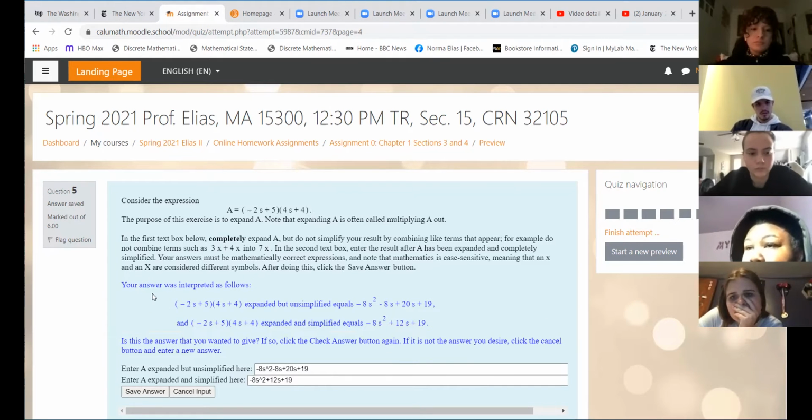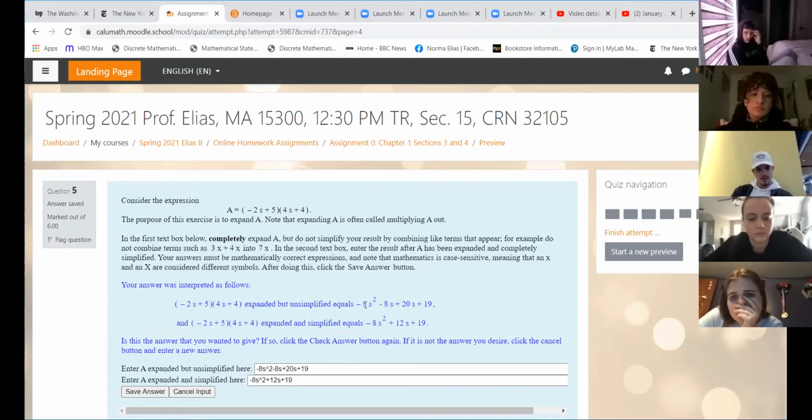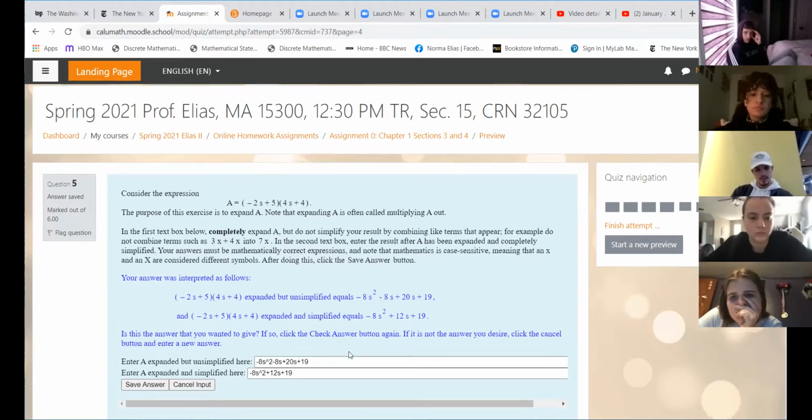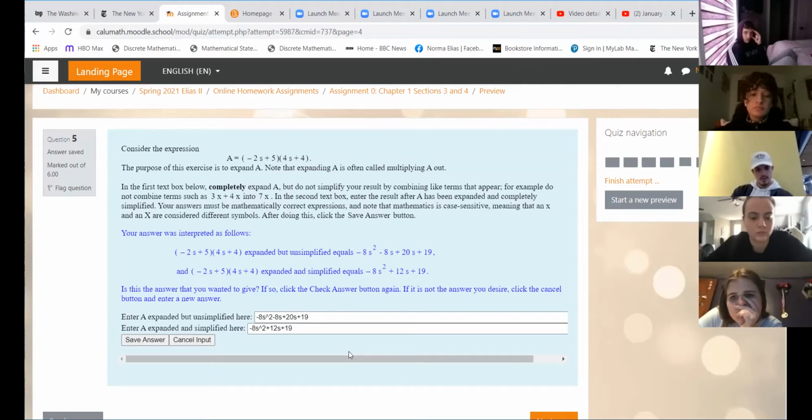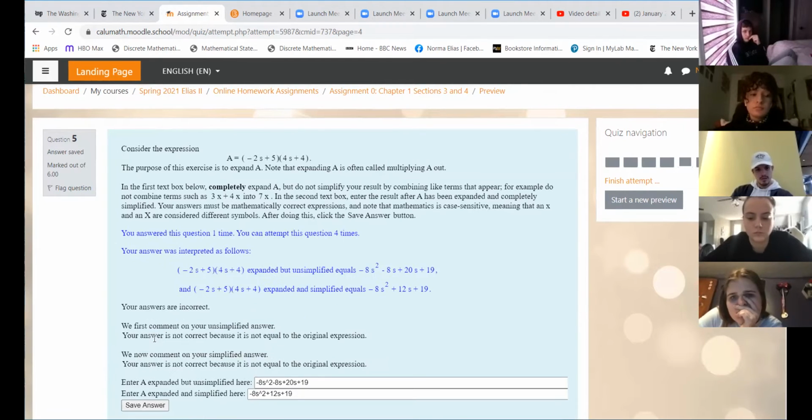So Moodle will tell me your answer was interpreted as follows. So this is the answer that I input. Is this the answer you wanted to give? If so, click the check answer button again. If it's not, fix it. So let us say that's the answer I want to give. I save it.